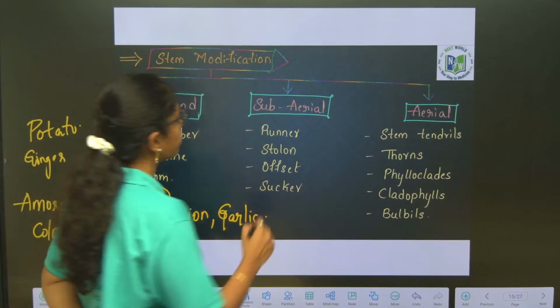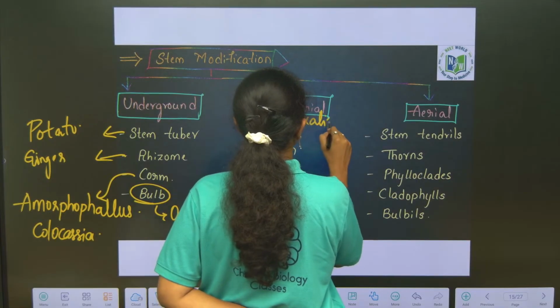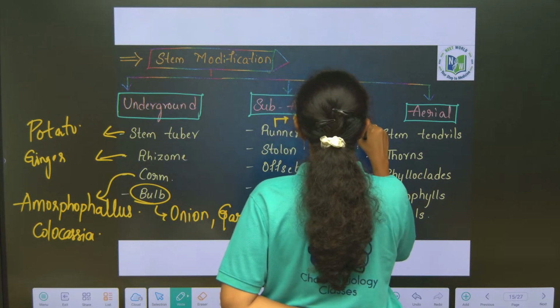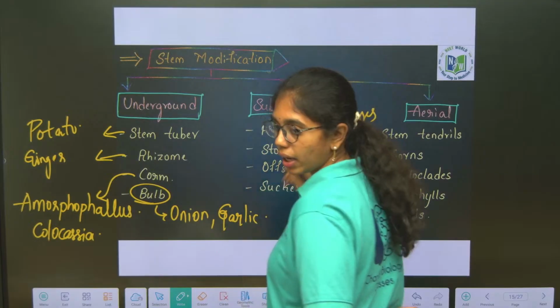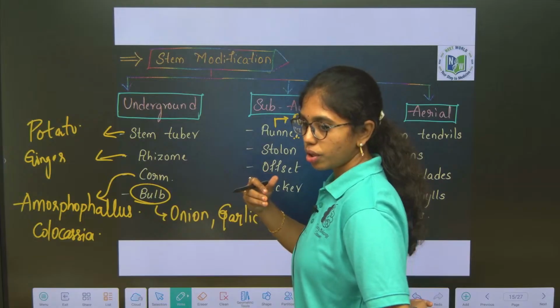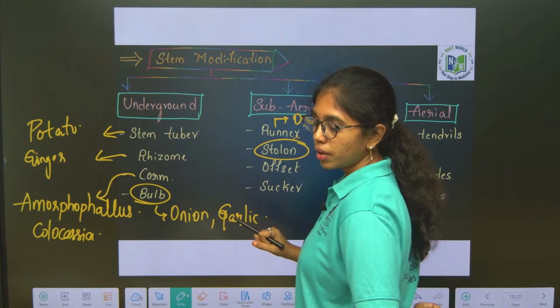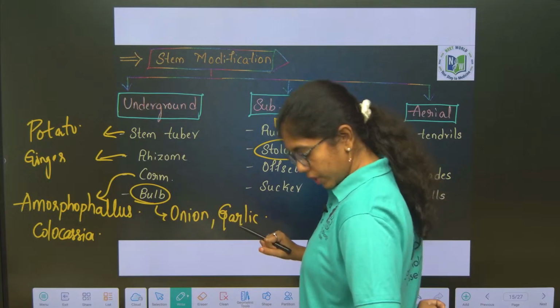Runner: oxalis and grasses. Stolon: what are the important points to remember here? For runner, the lateral branches will spread into new niches. And for stolon, the branches have long internodes.